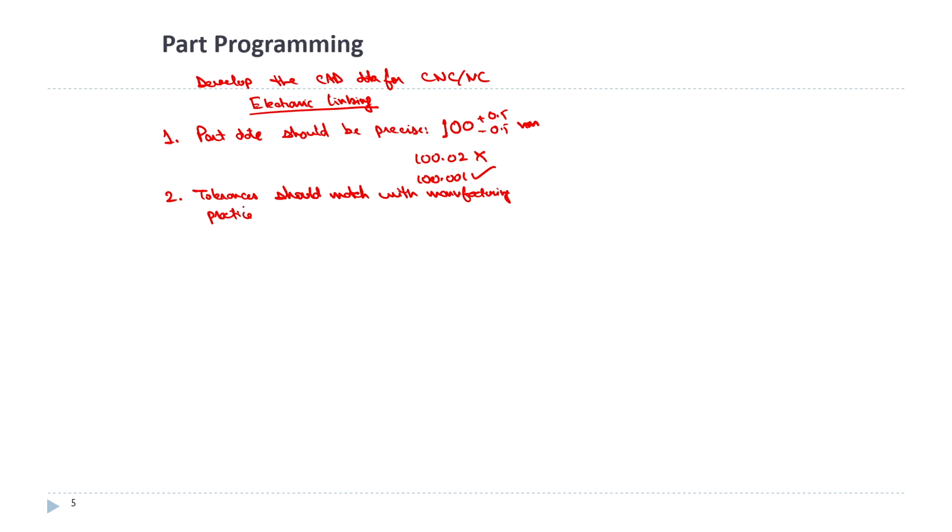Which means in practice, if certain dimensions are given based upon certain standards, we need to take into account certain allowances such as material deflection and cutter wear out. All these allowances are to be taken into account when we are trying to give the specific tolerances here. That is the work tool combination or matching.